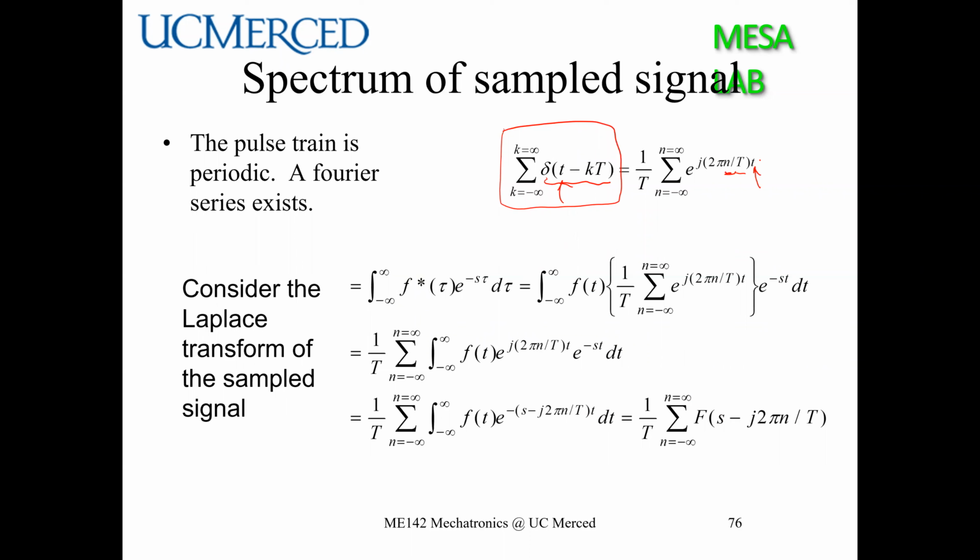Fourier series means any signal, including this delta T here, can be expanded as a summation of sines and cosines. That is in any textbook about Fourier transformation, or in the Fourier transformation table, you can check out. This is true.